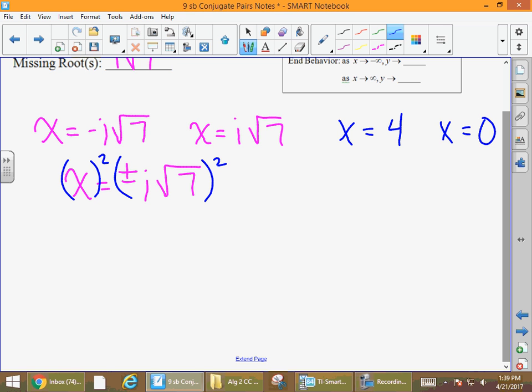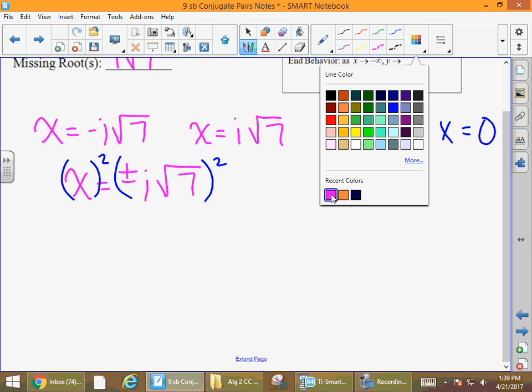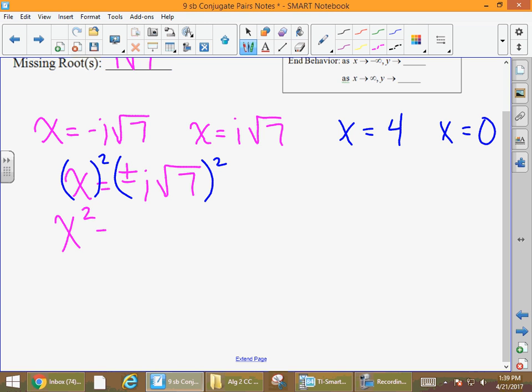We need to be a little bit careful. But over here on the left side, we get x squared. The plus or minus cancels out when we square, because everything's going to turn positive. But this is i square root of 7 and i square root of 7. Squared means times itself.